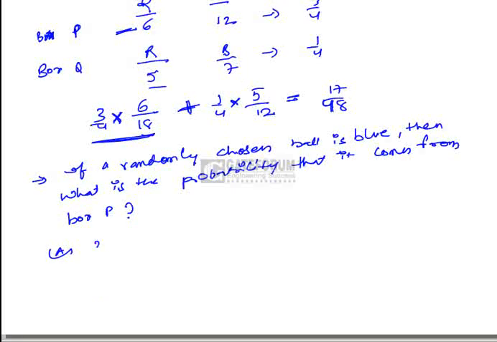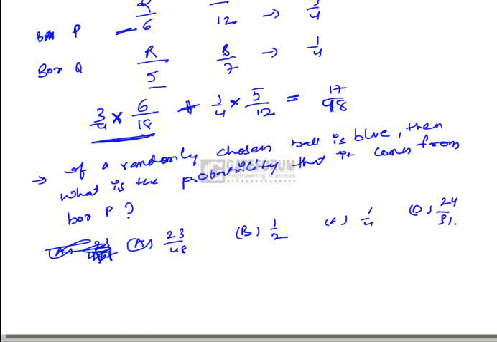Option A is 23 by 48. Option B 1 by 2. Option C 1 by 4, and option D 24 by 31. So the question is, if a randomly chosen ball is blue, then what is the probability that it comes from box P?